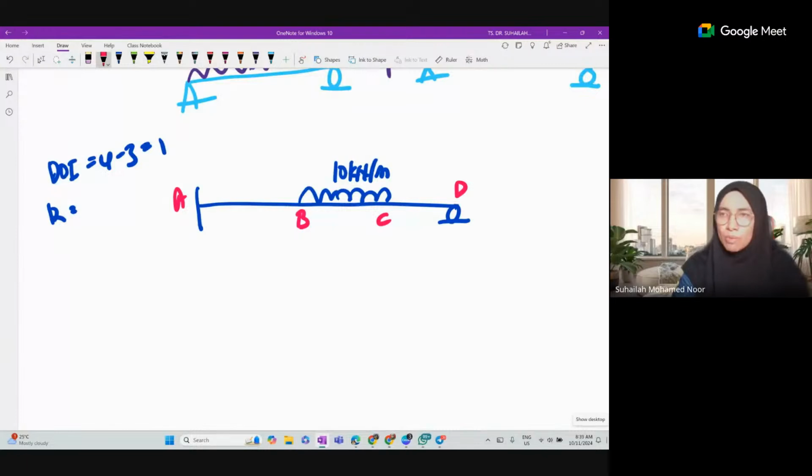To write the moment equation, we will have 1, 2, 3 cutting sections. So in this case, DY is the redundant if we want to analyze a cantilever beam.